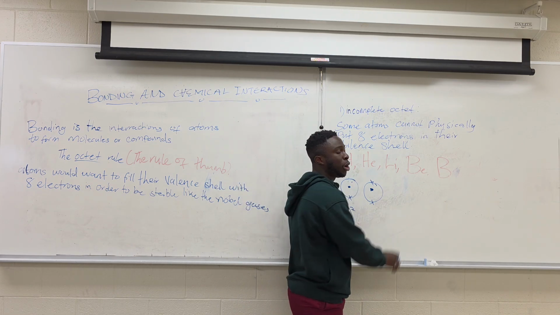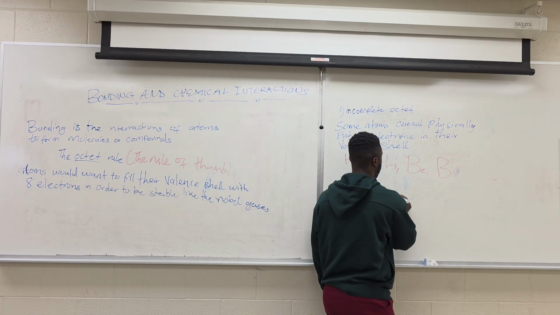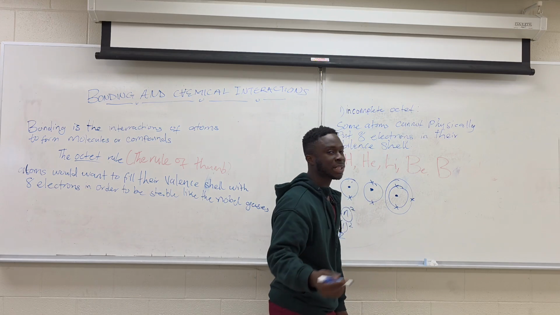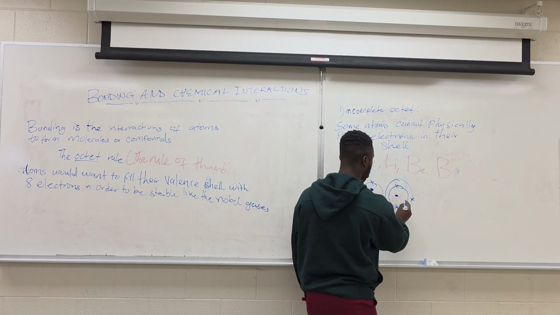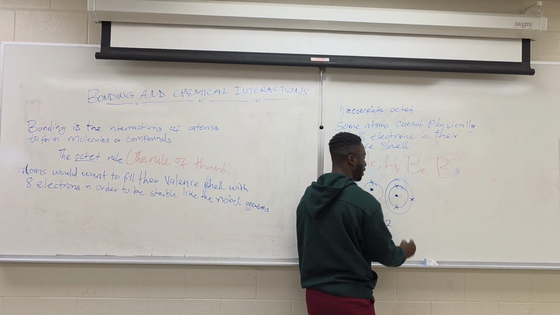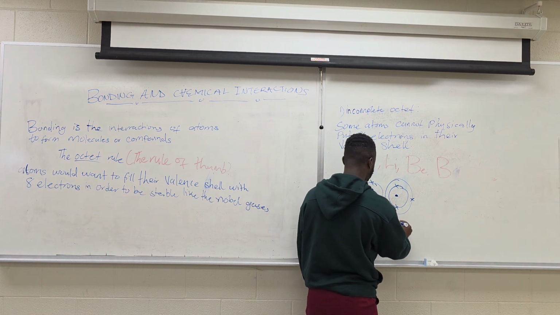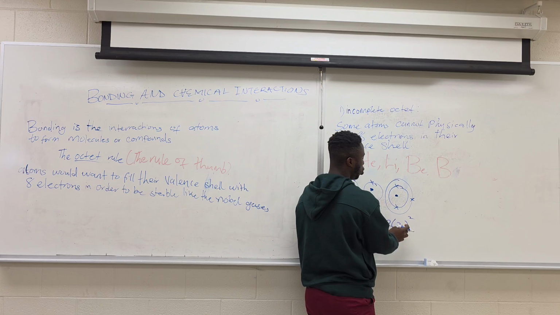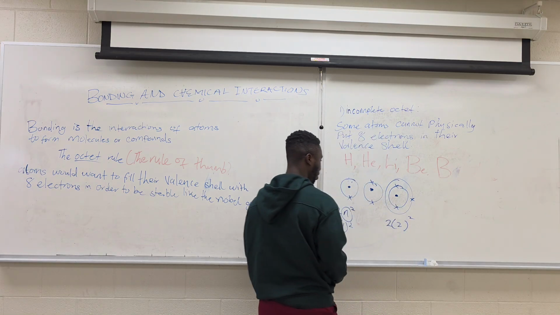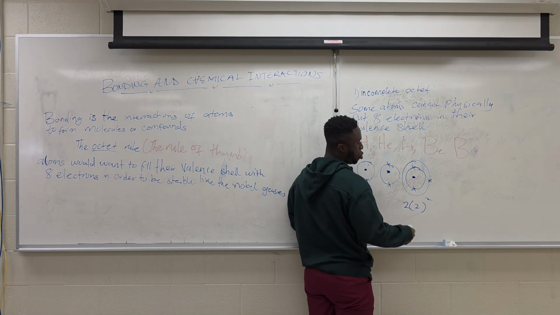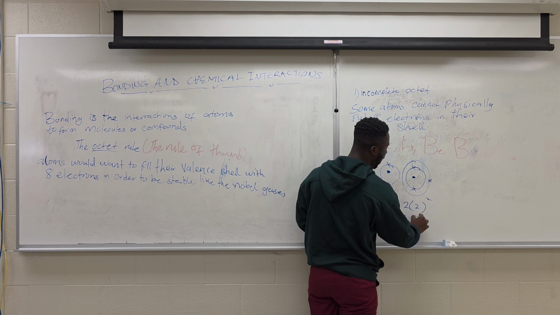Now, when we come to lithium, it is in period what? 2. So lithium is like this, and then 1 more shell like this. What is the maximum number of electrons the shell can hold? Because it is in the second period, or the second principal quantum number, it is 2 into bracket 2 squared. 2 squared is 4. 4 times 2 is 8. So lithium would theoretically or numerically be able to hold 8 electrons.